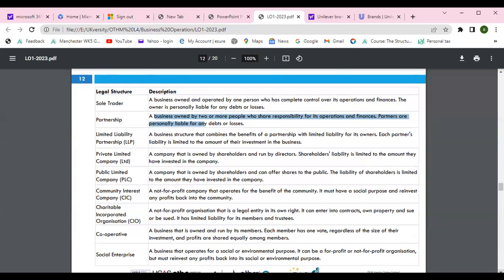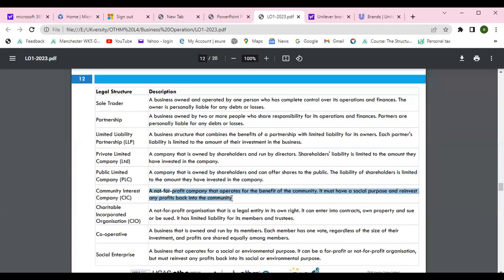Sole trader means 1 person. Partnership 2 to 20. LLP is limited liability; we can start such as an accountant or solicitor business. LTD is a private limited company. We can register in Companies House. It can be started with £1. Public limited, we need £50,000, and we follow the Companies Act 2006. Community interest is really for the welfare of the local community.